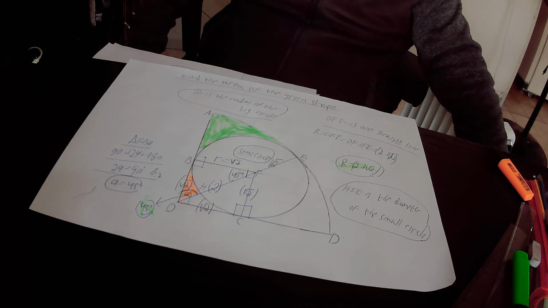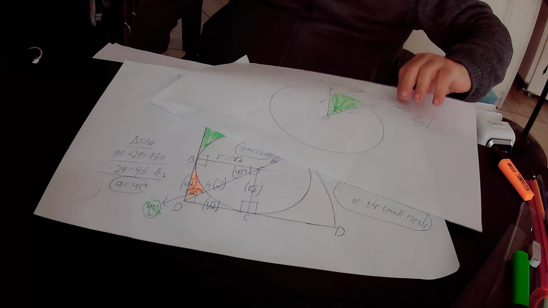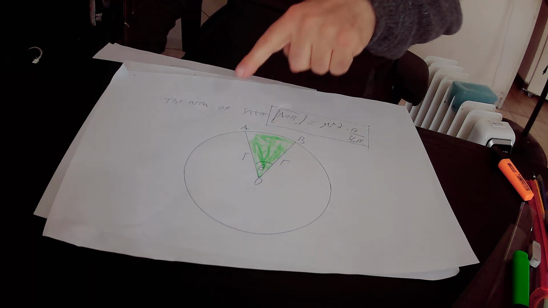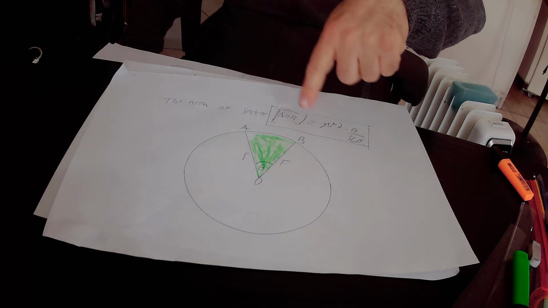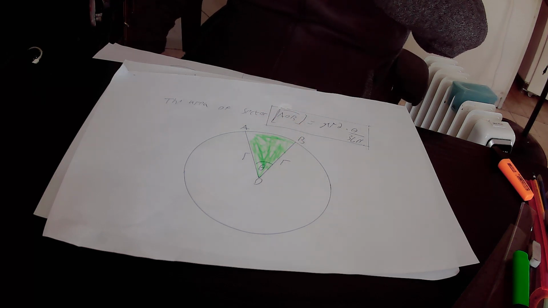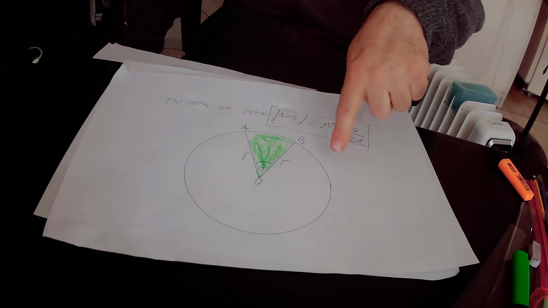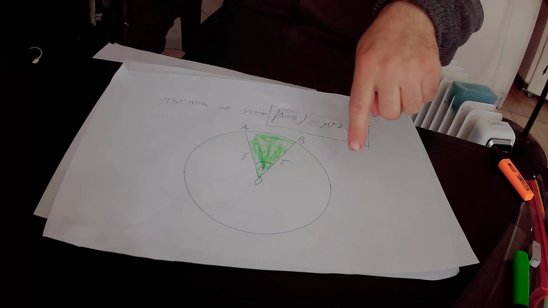Then I presented to you the notion of a sector. What is a sector? A sector is part of a circle. This is the circle, and the green shape AOB is a sector. If we look at this circle as a cake, then the sector AOB is one slice of this cake.